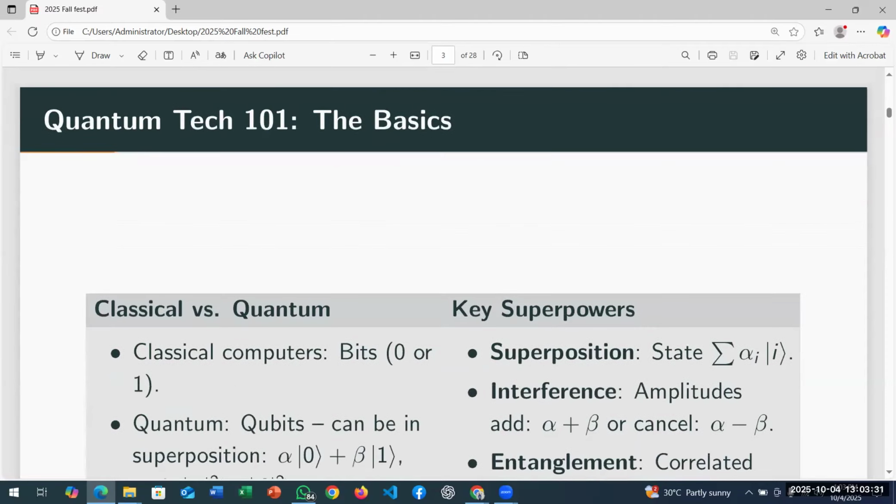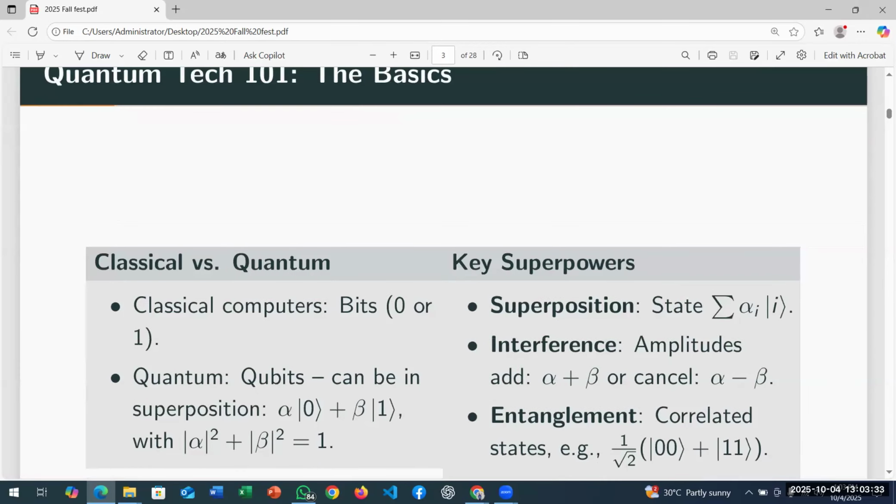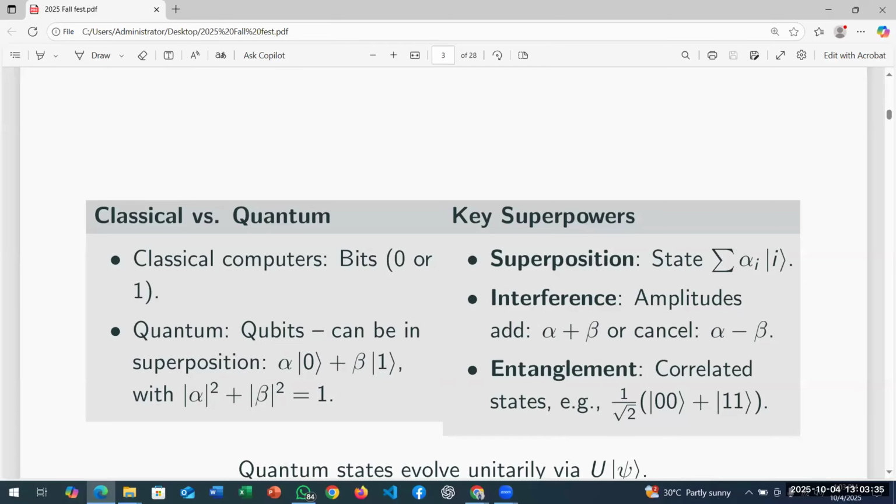Now, if you go to the basics of this quantum, let's check the classical and quantum differences. We know that in classical computers, you can use either bit 0 or 1, not the two at the same time.